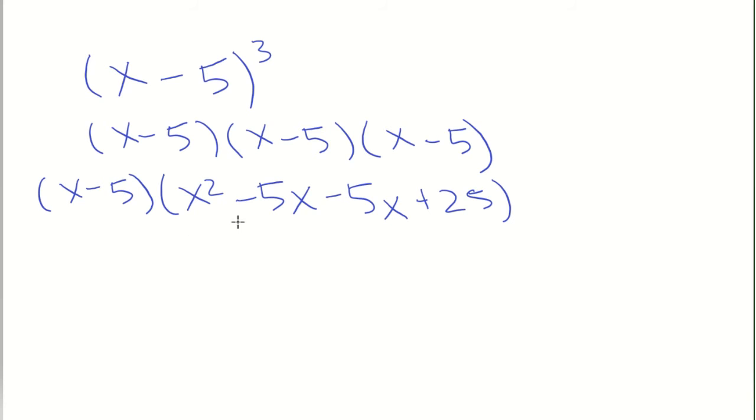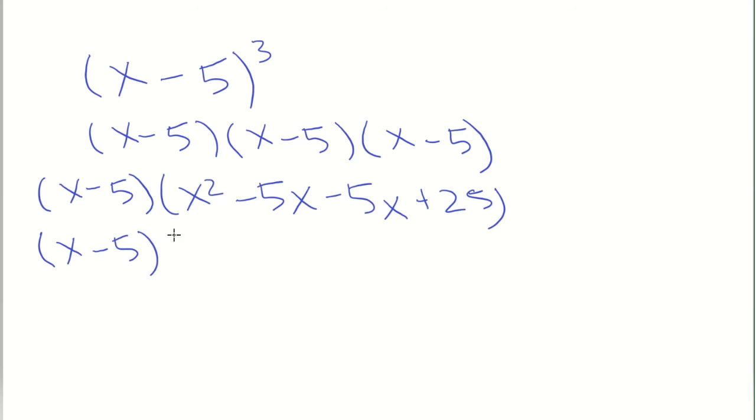And I'm going to go ahead and simplify that. You don't have to. You could just multiply these all out, but it's probably easier. It's going to be easier just to simplify it first.